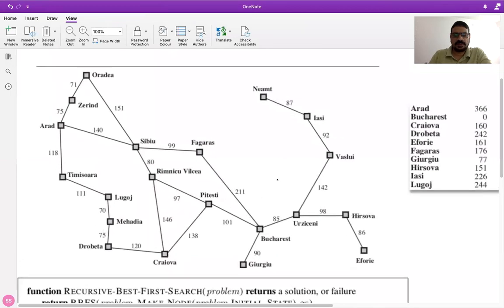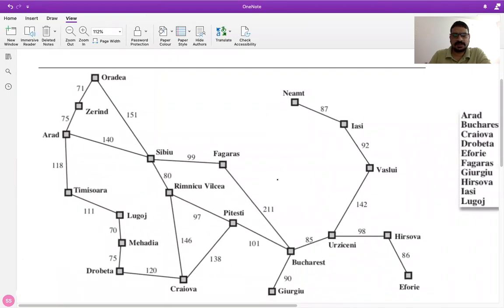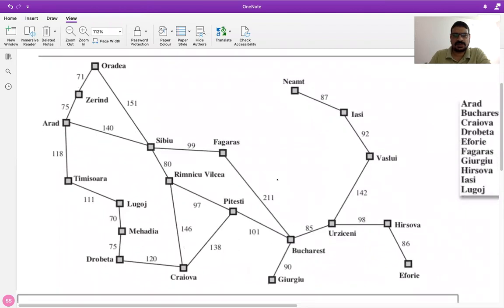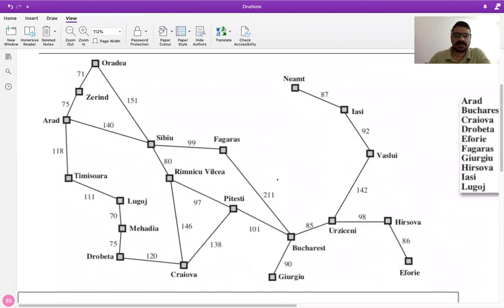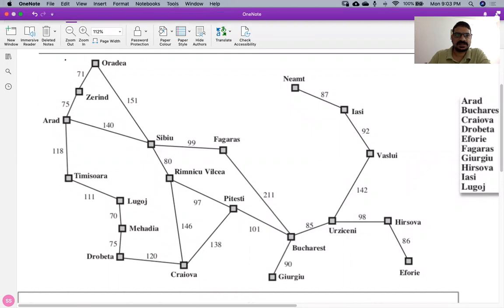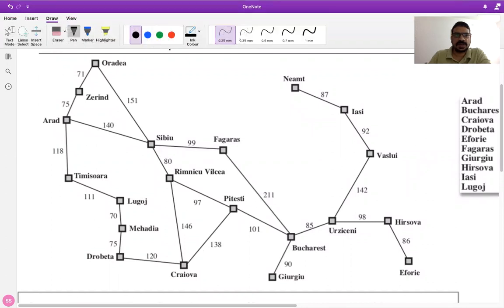This is the familiar problem: consider the Romania map, in which we have different cities, and the numbers between the cities are the path costs.